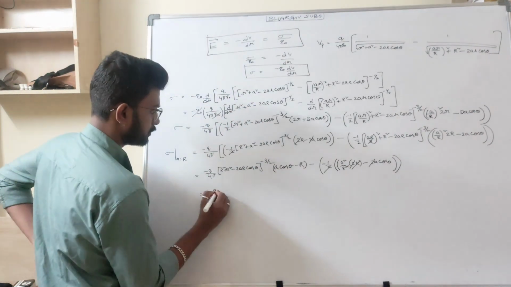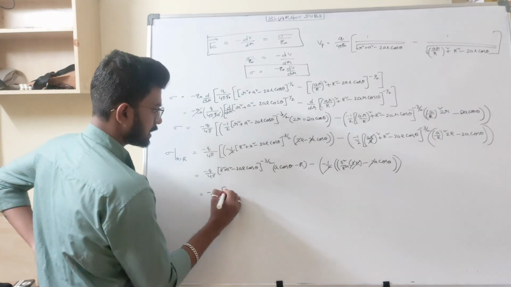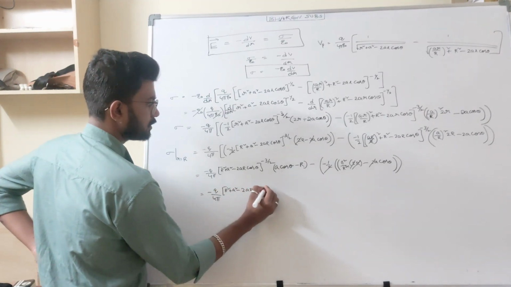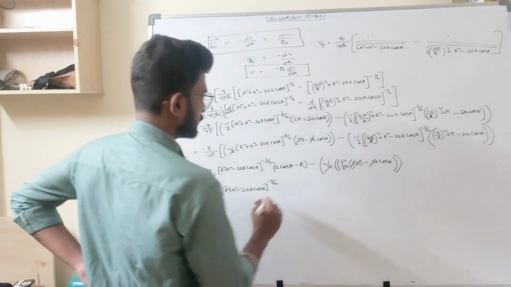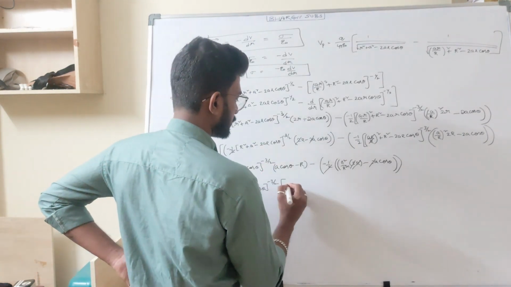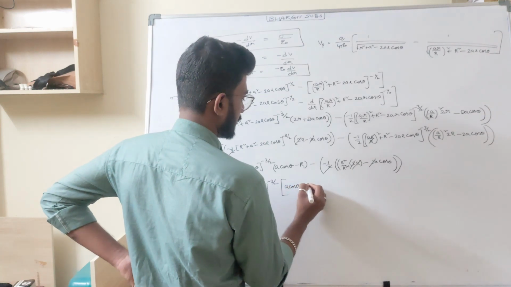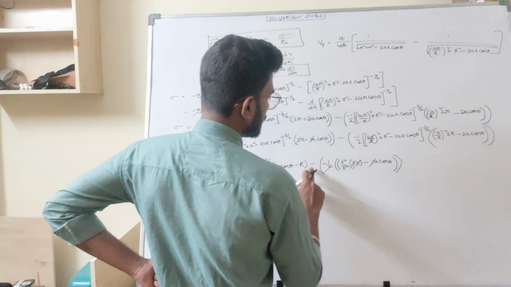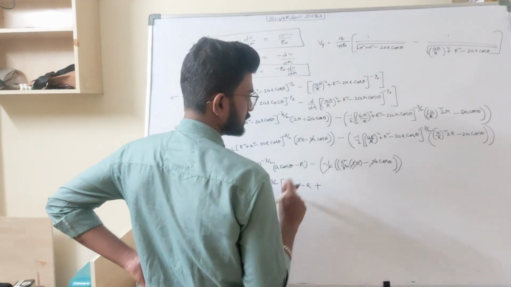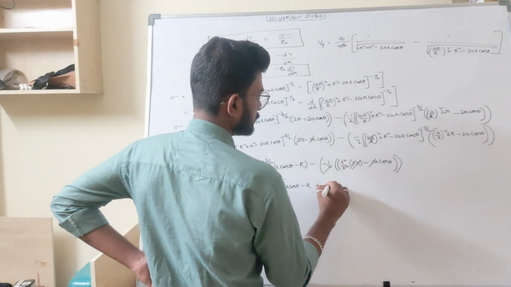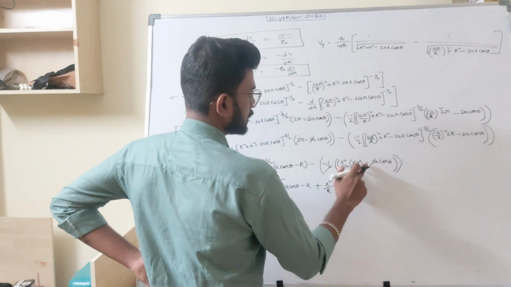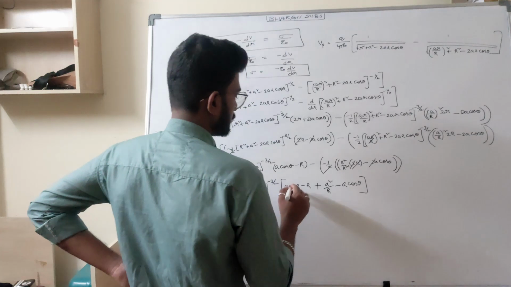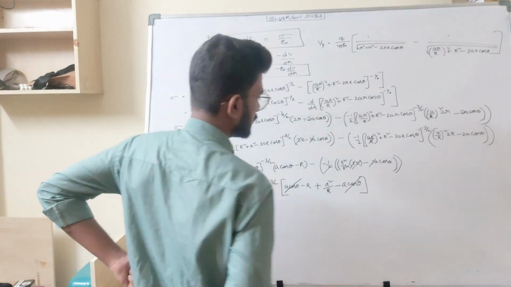So minus q by 4 pi r square plus a square minus 2ar cos theta whole to the power minus 3 by 2. So finally what I will get, this was a cos theta minus r, this was minus, so minus into minus, plus a square by r minus a cos theta. So plus a cos theta minus a cos theta get cancelled.